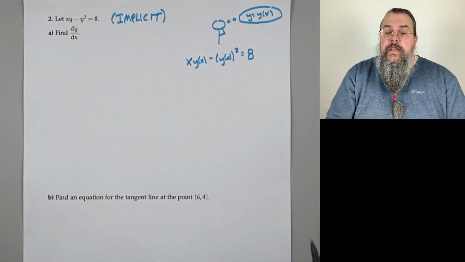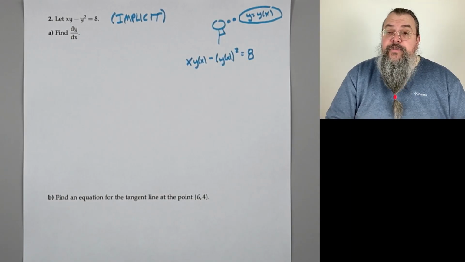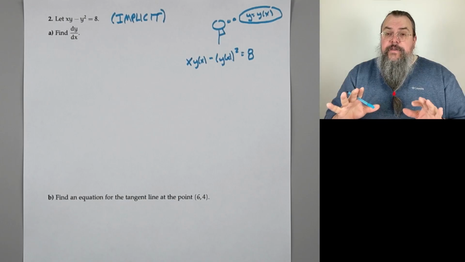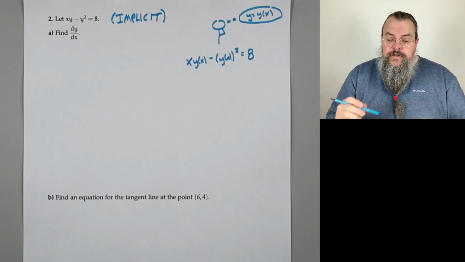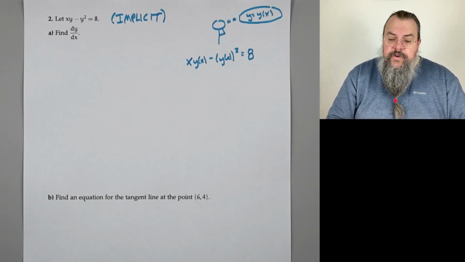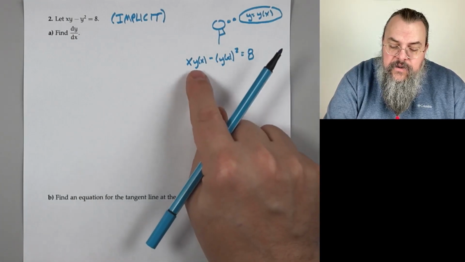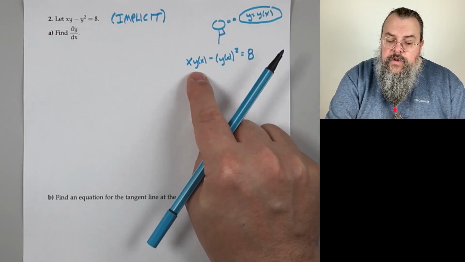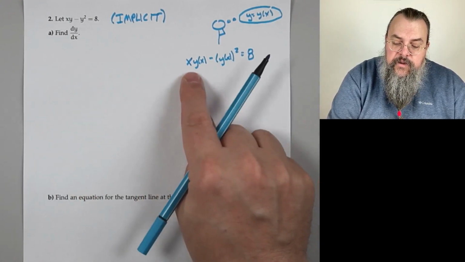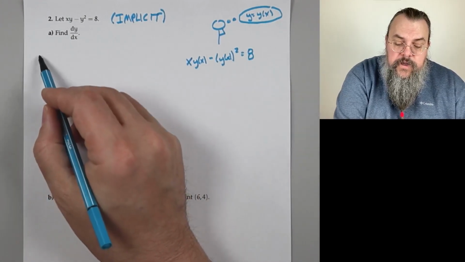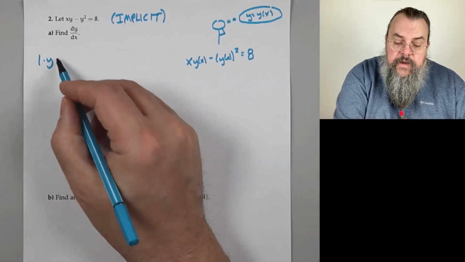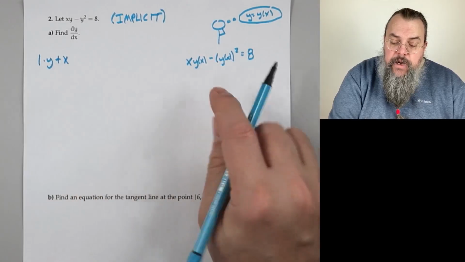We say, all right, let's take the derivative of both sides with respect to x, because if two things are equal, the derivatives have to be equal. So let's take these derivatives. Now, I have two things multiplying. So what's the derivative? Well, the derivative of the first is 1 times y of x, we'll just write that as y, plus x times the derivative of y with respect to x.